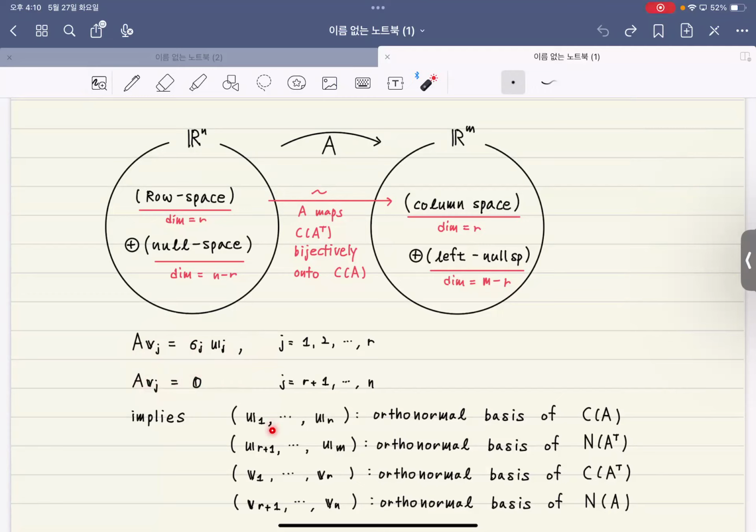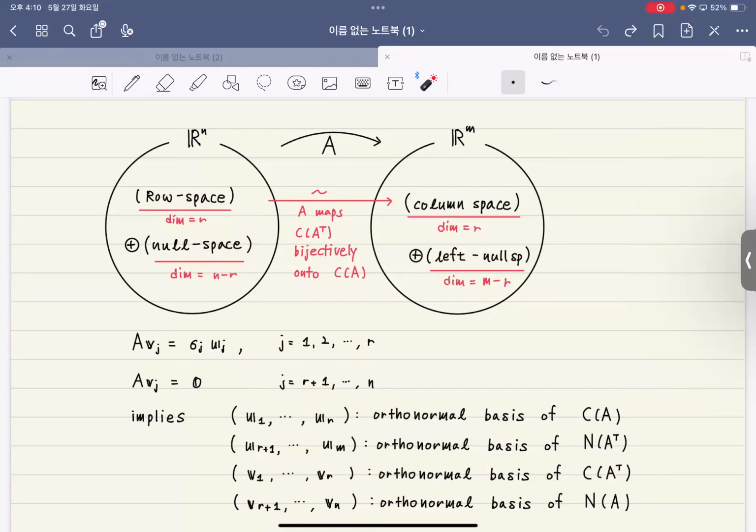This implies these basis vectors U1 to Ur are the orthonormal basis of the column space, and U r plus 1 to Um is the orthonormal basis of the left null space. And V1 to Vr is the orthonormal basis of the row space, and V r plus 1 to Vn is the orthonormal basis of the null space.